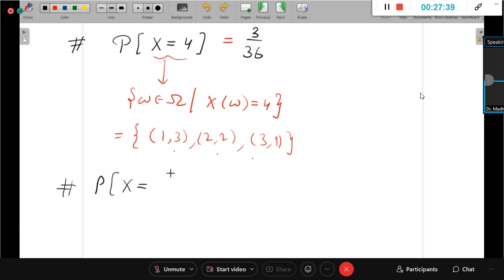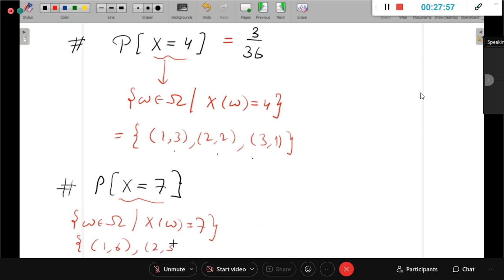Similarly, I can assign another probability; I'm just going to give one example. X equals to 7. It is the set of outcomes omega such that X of w is 7. You can find all the possible pairs: 1 comma 6, 2 comma 5, 3 comma 4, 4 comma 3, 5 comma 2, 6 comma 1.